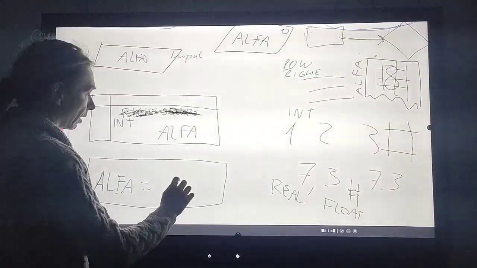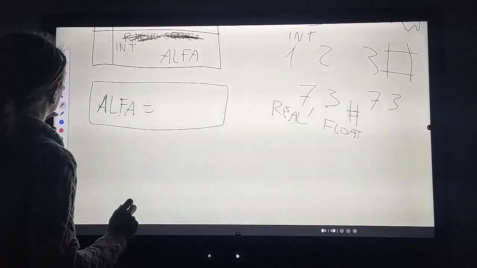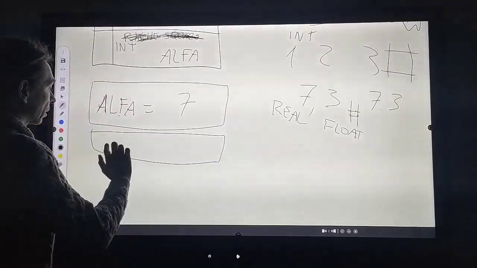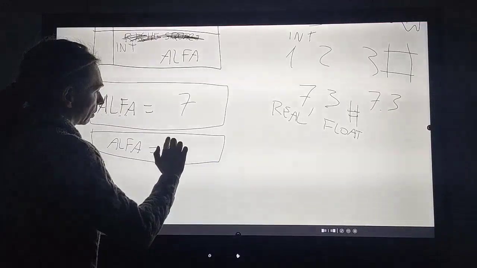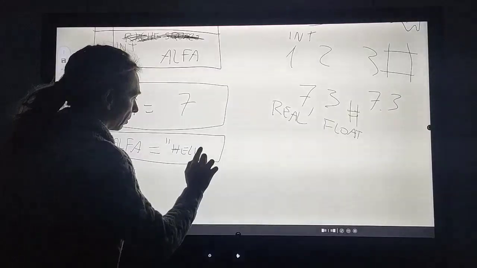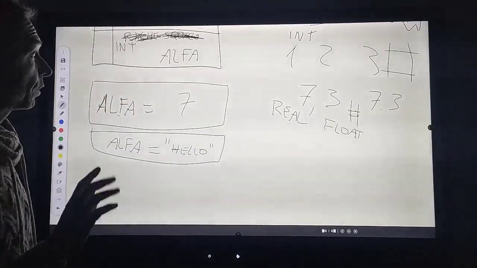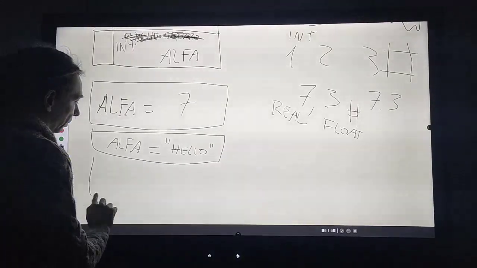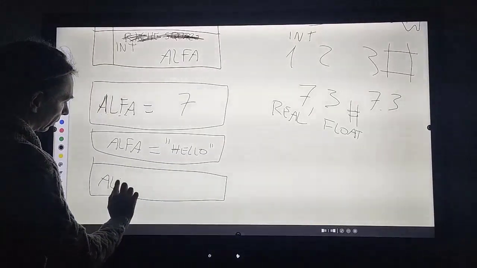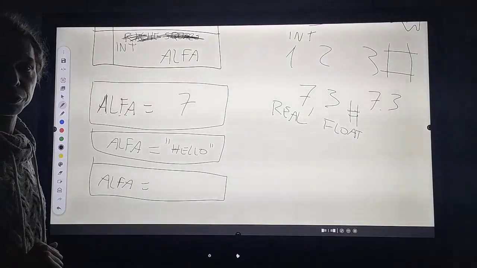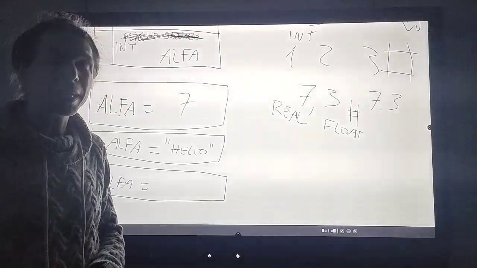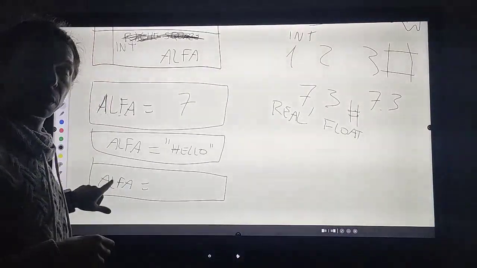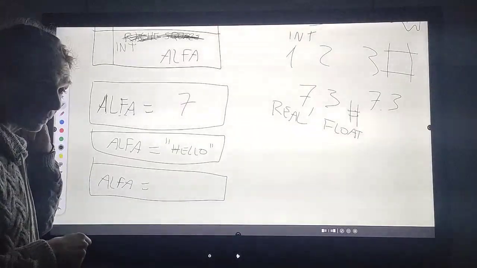So I can put usually three things: a number, let's say 7, or alpha, hello, if alpha is a row paper, or I can put an expression, and the droid will calculate the expression and then write the answer into alpha. He will write the result into alpha.